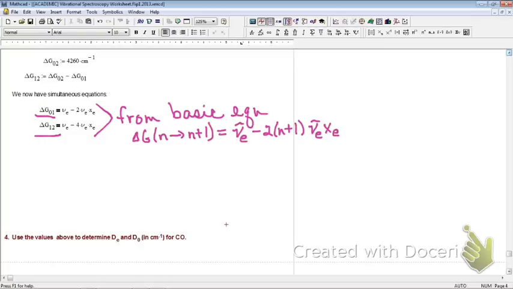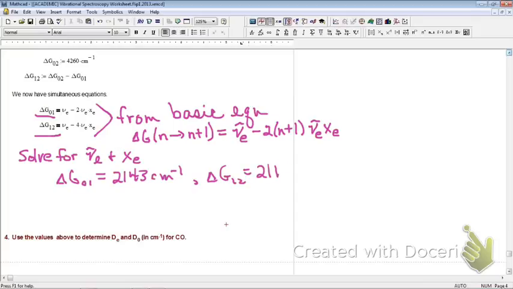You can verify this on your own. So what we have here are two equations with two unknowns, nu E and xc. So we're going to use those equations to solve for nu E, xc. So this we'll leave up to you as an exercise in class.